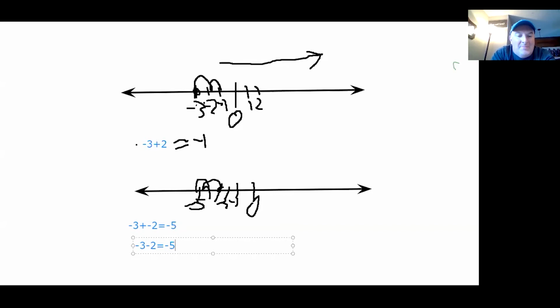Do what makes it easiest for you to figure out in your head. I mean, some people are very rigid in how they teach these different things. If it makes it easier for you, anytime you see a negative plus a negative, just take away the plus and make it a minus.